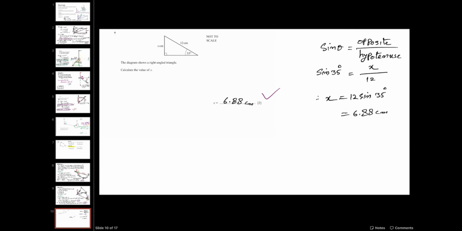So sine 35 degrees is equal to x upon 12, or x is equal to 12 times sine 35 degree. Now x is equal to 6.88 centimeter. I got this value after using calculator.